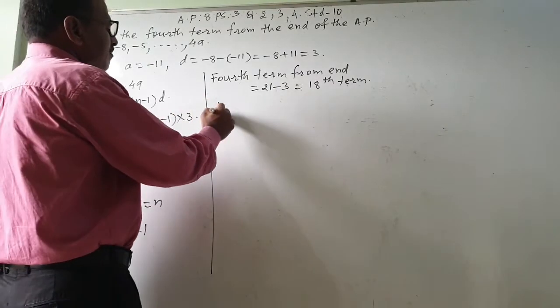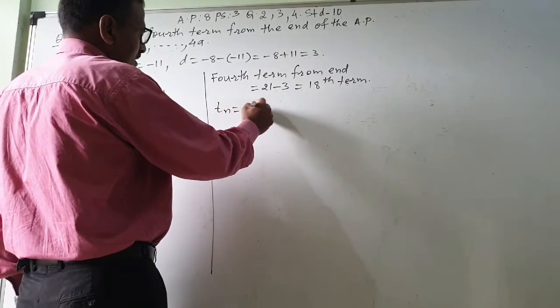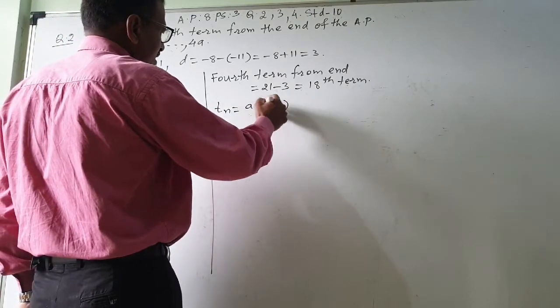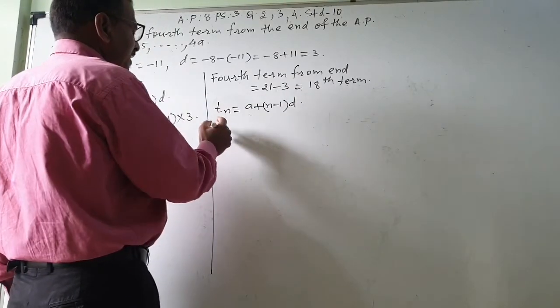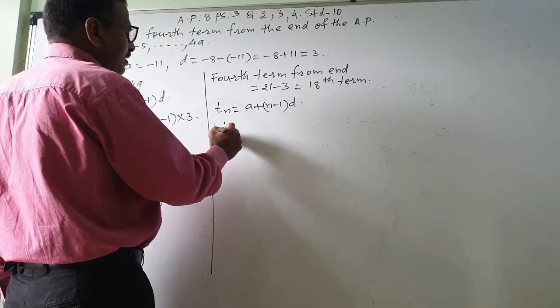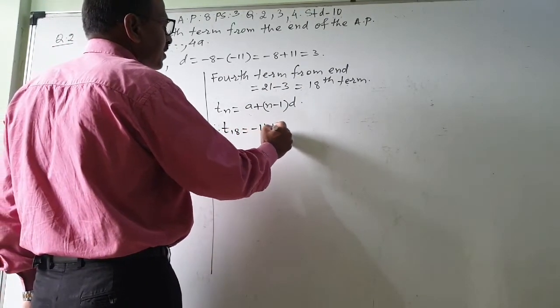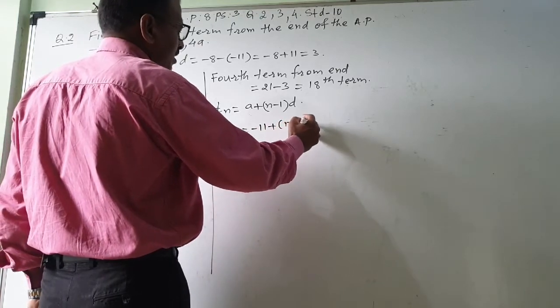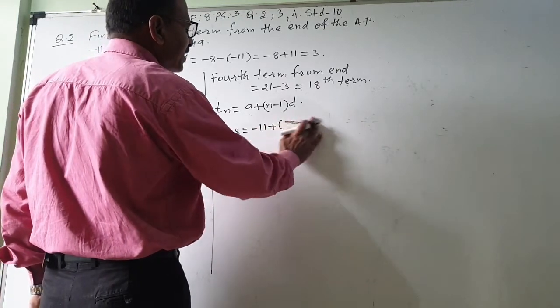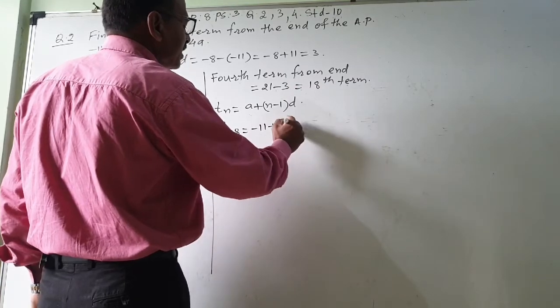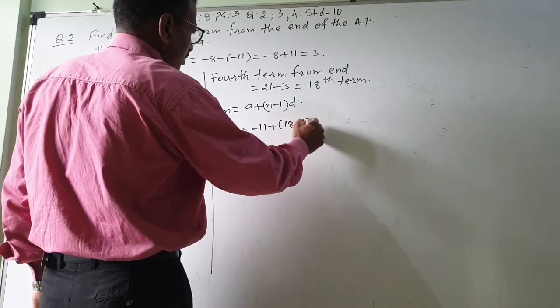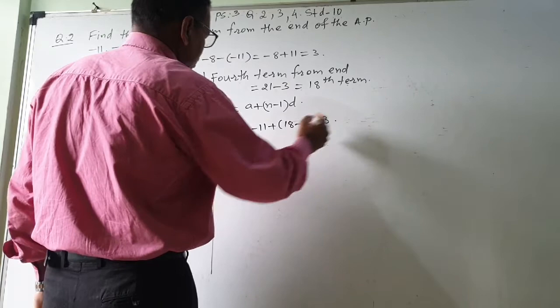So Tn is equal to a plus n minus 1 into d. Now what is that 18th term? That I will find. T18 is equal to a, which is minus 11, plus n minus 1. N is how much? 18. So this will be 18 minus 1, into d. d is 3.